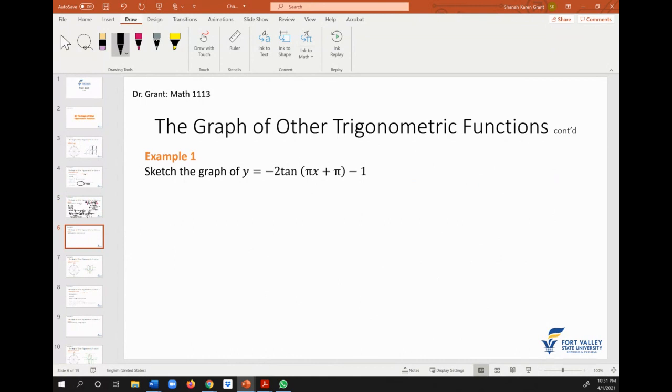Let's say we want to graph -2 tan of pi x plus pi. So here we can again highlight what is a, b, and so forth. Of course, a, really we should be doing the absolute value of a. That's going to be 2.